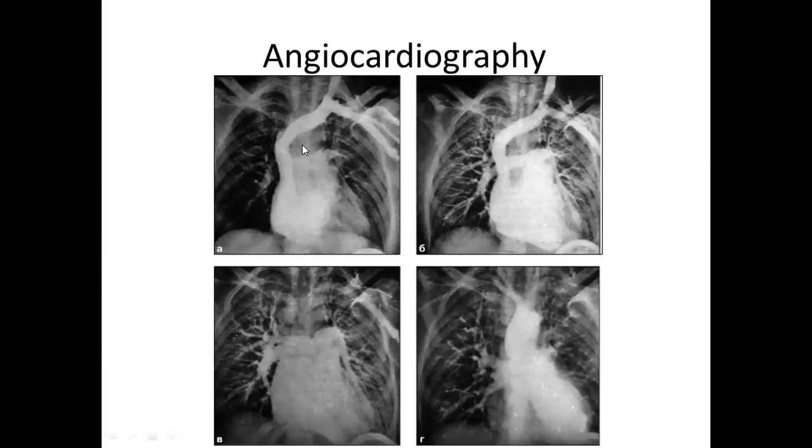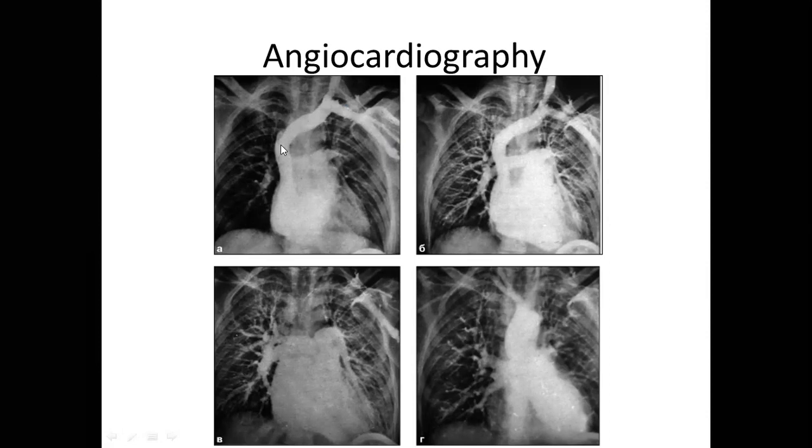This is angiocardiography. You can try to understand which parts of the heart we try to evaluate, and as you can see, we introduce contrast from the upper extremities. Then we went into the clavicle area.